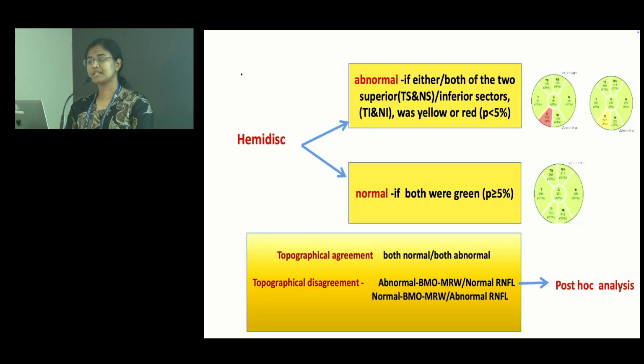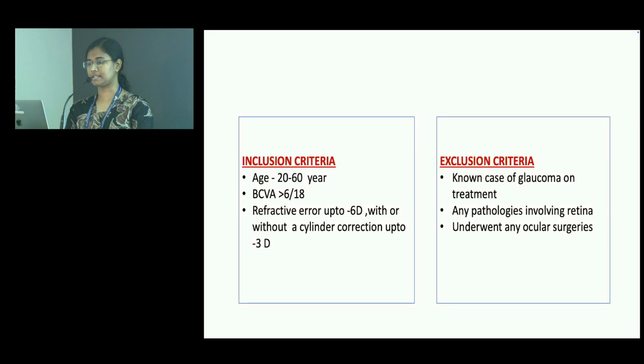A hemidisc is considered abnormal if either or both of the 2 superior sectors or inferior sectors was yellow or red. If both RNFL and MRW are normal or both are abnormal, then they are considered to topographically agree. Otherwise, they are considered to be disagreeing with each other. And those cases which were disagreeing with each other underwent post hoc analysis.